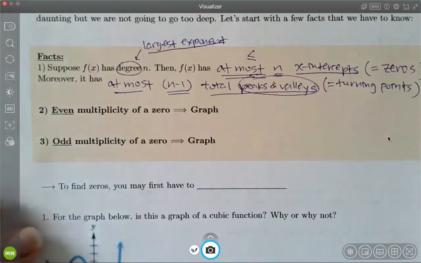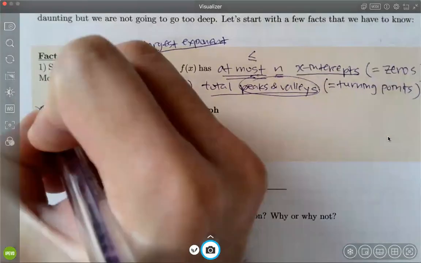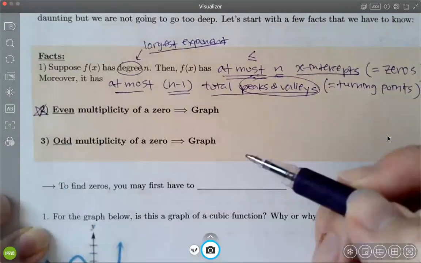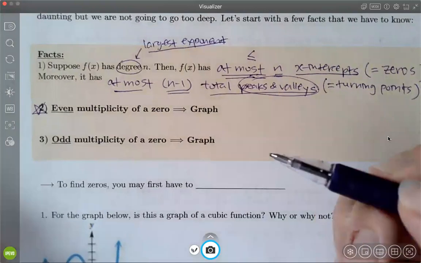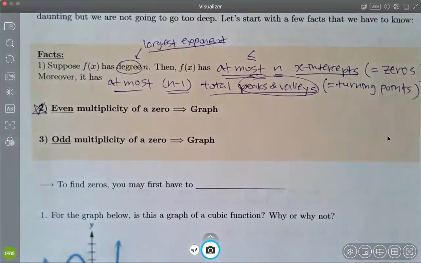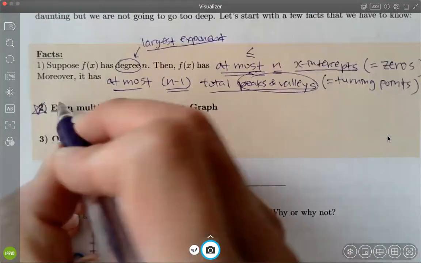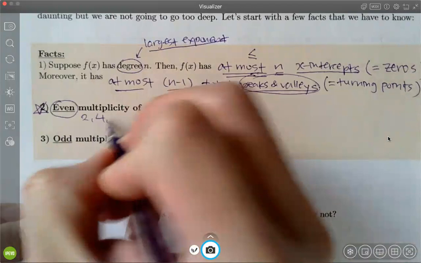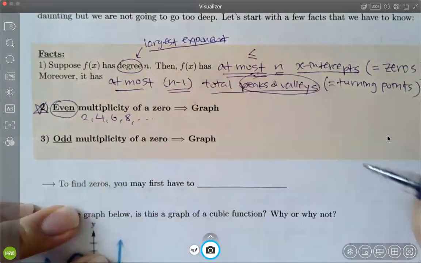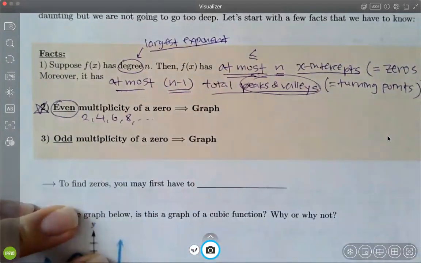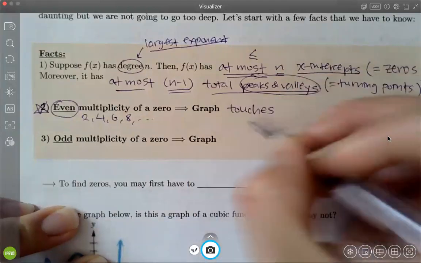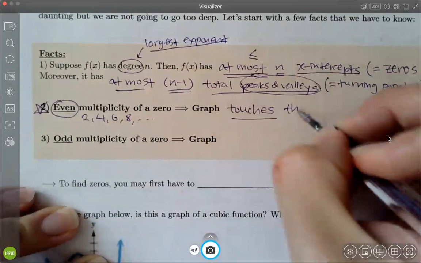Okay, so here is the second fact. So yesterday we looked at the multiplicity, okay, which is what? We have to look at the exponent when f of x is in a factored form, right? Now, suppose such multiplicity is even. So what does that mean? Like 2, 4, 6, 8, and so on. If that's the case, then the graph touches the zero.